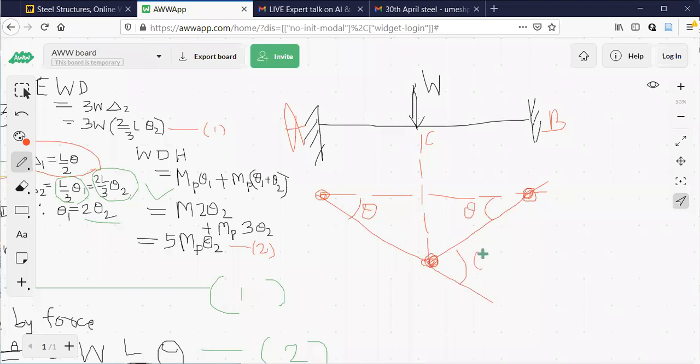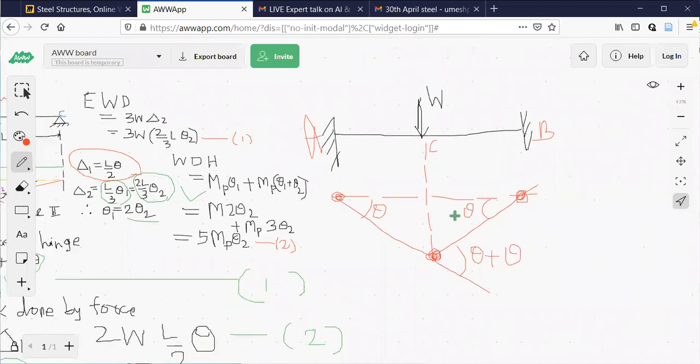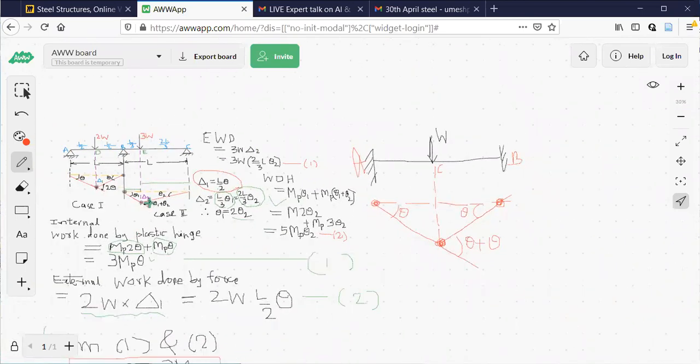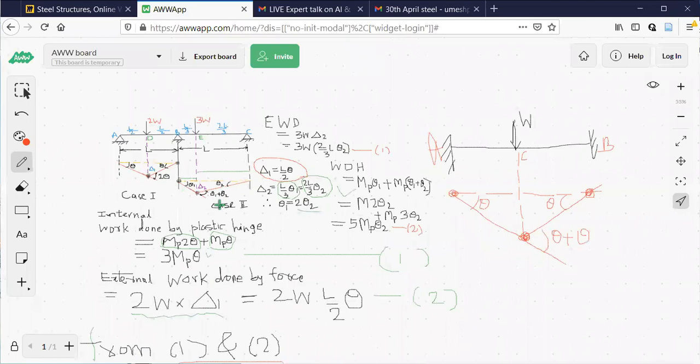Property of a triangle, it is theta plus theta. Here what I have done, you can see, this angle plus this angle, theta 1 plus theta 2 is written.